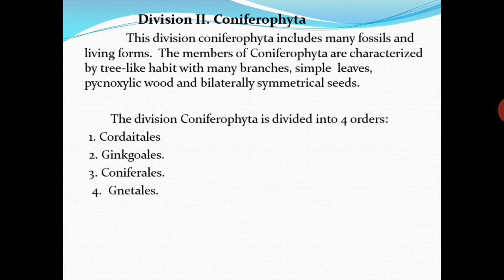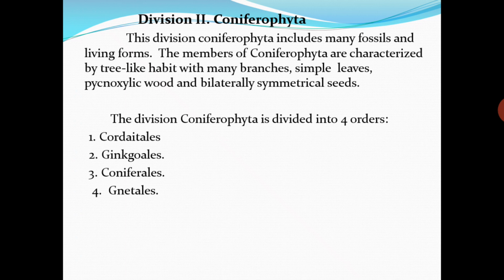The members of Coniferophyta are characterized by tree-like habit with many branches, simple leaves, pycnoxylic wood and bilaterally symmetrical seeds.